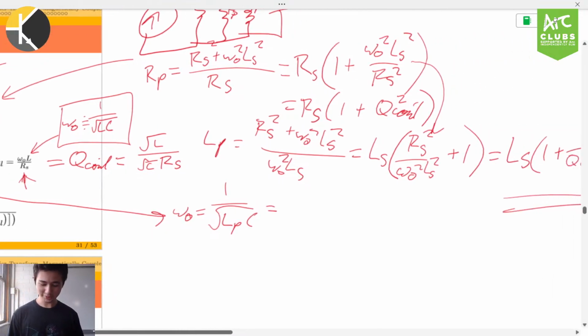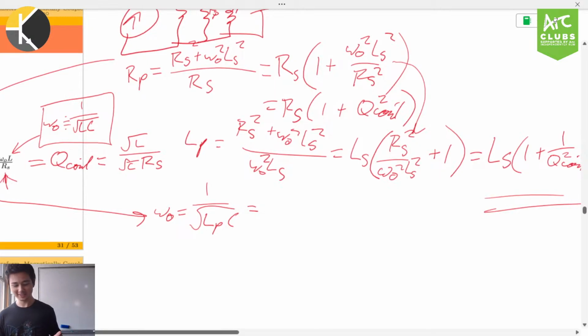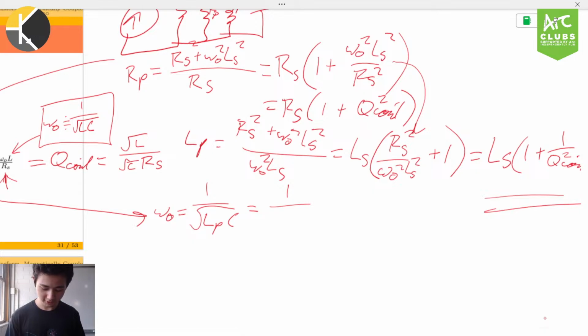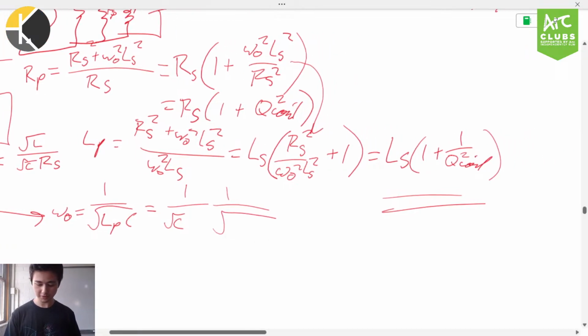So, what can we do? We can try and express LP in terms of LS, which is what we had before. So we end up with 1 over root C, and then 1 over square root of LS. And square root of LP is just going to be the square root of this here, okay? So we chuck in LS times 1 plus 1 on Q squared coil.